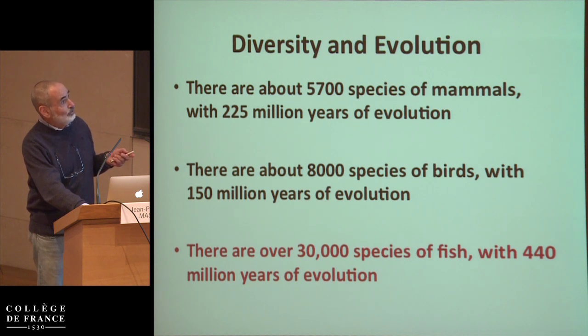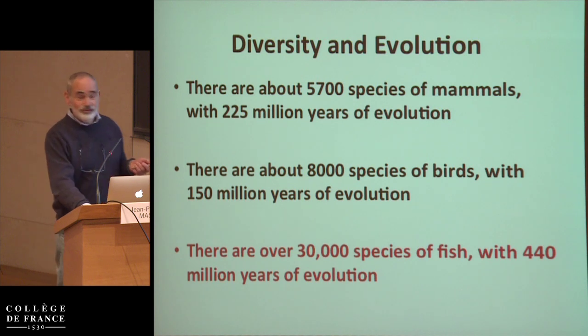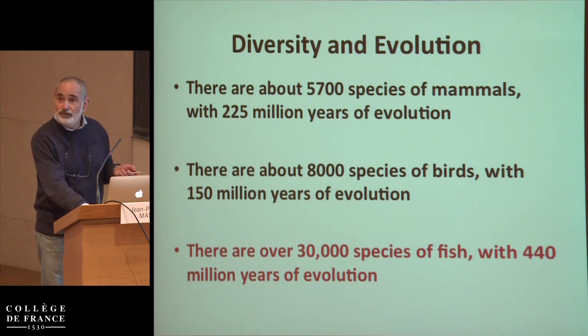Birds have even a shorter evolution, though most species. There are 30,000 species of fish with nearly 500 million years of evolution. So it just stands to reason that, first of all, there would be a lot of interesting things to find there, and also many important lessons to learn.